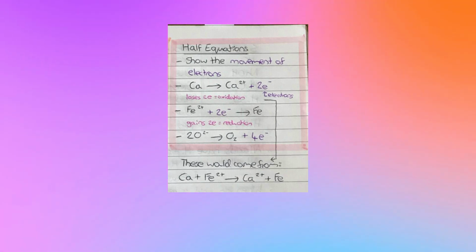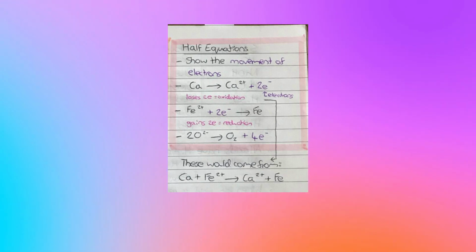On the right hand side of the equation, Ca2+, there are 2 more protons than there are electrons. To balance out those charges to make the neutral atom that we had before, we need to add 2 electrons. Now we could actually write this as Ca take 2 electrons makes Ca2+, but we can also write it as Ca makes Ca2+ plus 2 electrons, and this is oxidation, it's the loss of electrons.